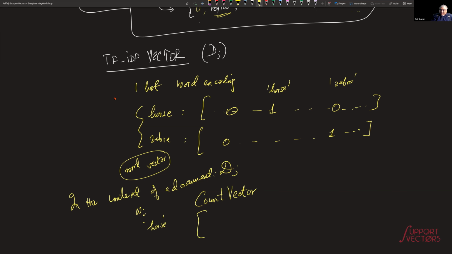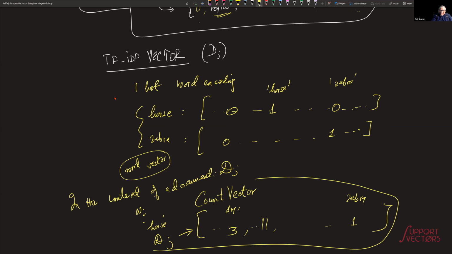Count vector is the same thing. You take the word vector and you ask, how often did the word, a horse, come? Let's say that the horse was mentioned 11 times, and the dog was mentioned 3 times, and zebra was mentioned 1 time. Remember, now we are talking about document DJ.